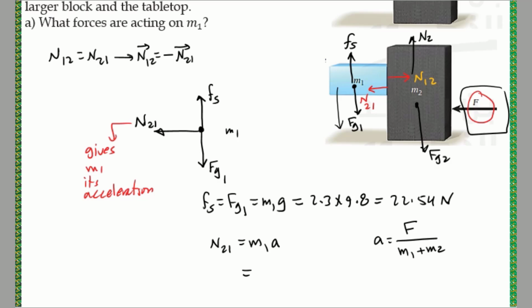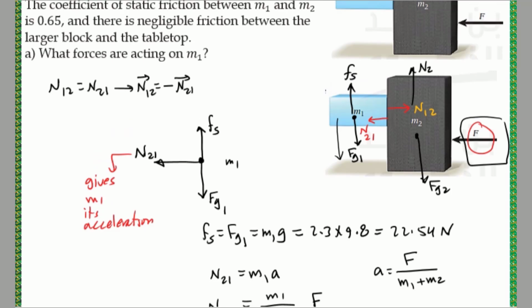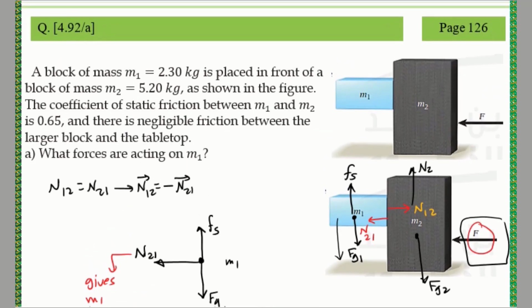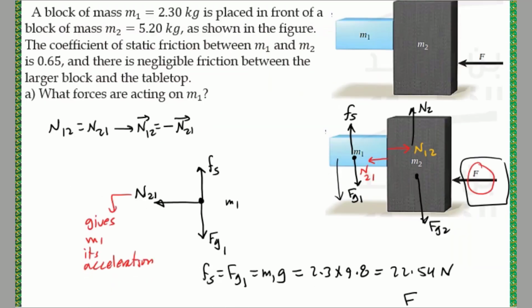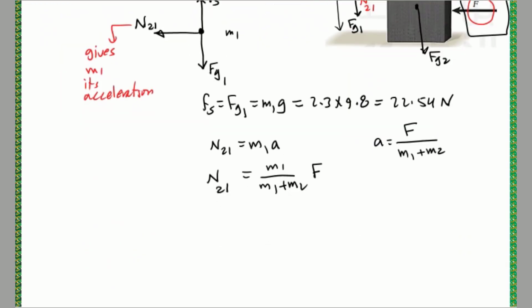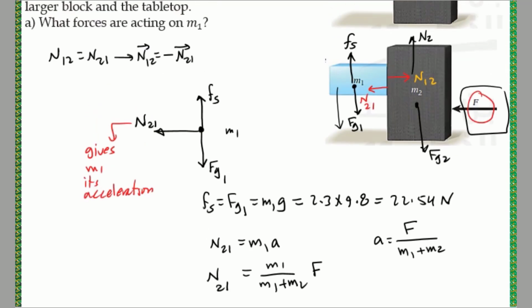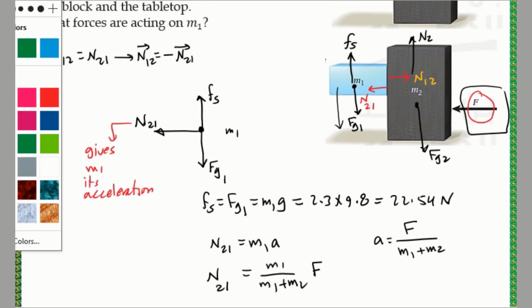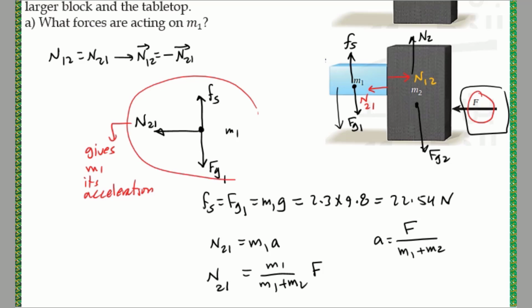Put it here, M1 over M1 plus M2 times F. This is N21. The question didn't give me F, so I cannot find a numerical value for N21. But as free body diagram, this is the free body diagram for M1, which is needed here.